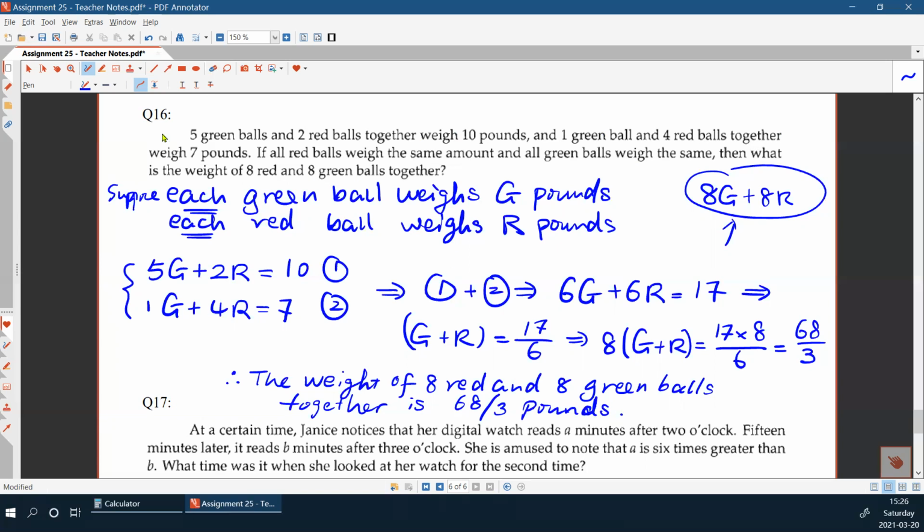Okay, any questions? Of course, you can also solve for G and R first, and then add 8G plus 8R. Both of them will do, okay? This method is much easier than that one.